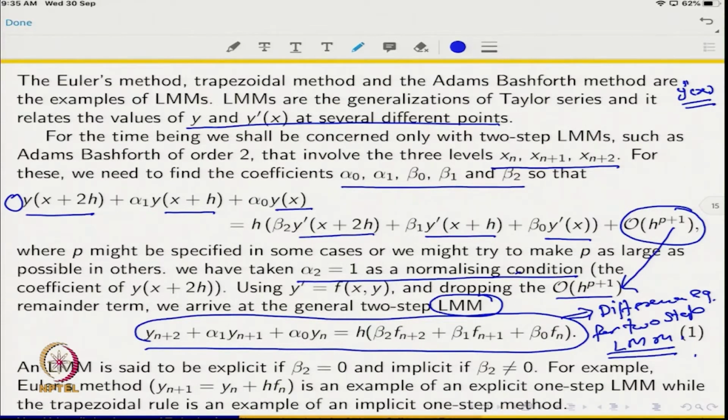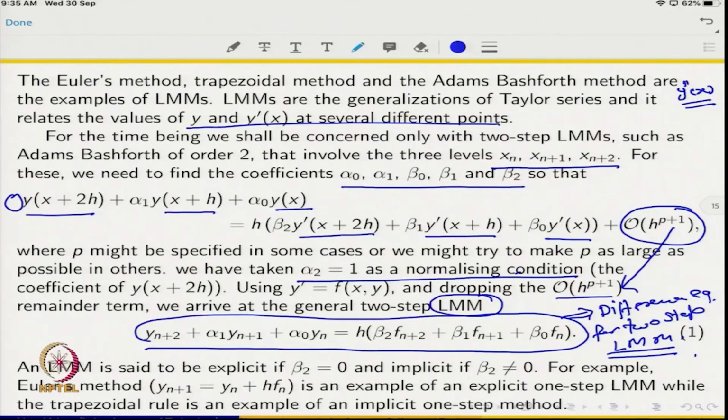The method corresponding to this difference equation will be called explicit if I choose beta 2 equal to 0, because then there is no term involving y_{n+2} on the right hand side. That is the definition which we have already seen in the last lecture, corresponding to explicit and implicit methods. I do not need to repeat that definition again.